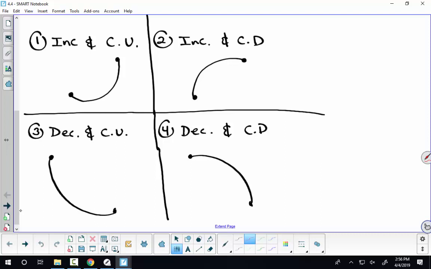So like x to the 4th, if we go through the graphing procedures, we would get the fact that from negative infinity to 0, it's decreasing and concave up. So from here to 0, we have decreasing and concave up. And then after 0, we would have the information that it's increasing and concave up.